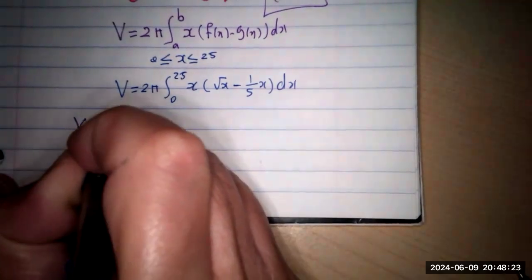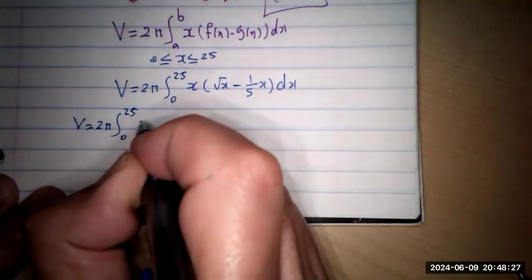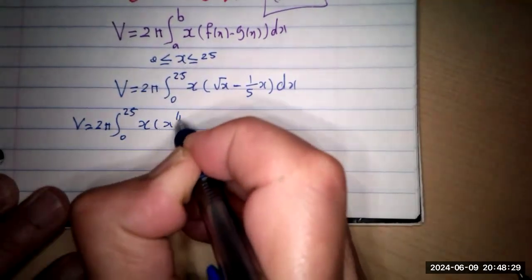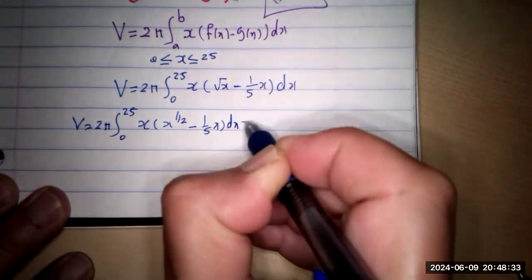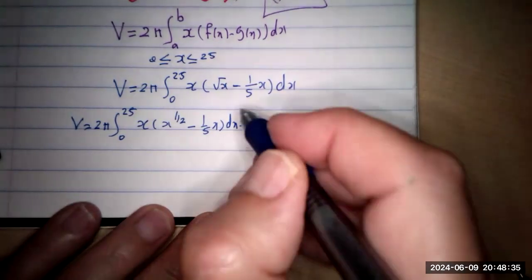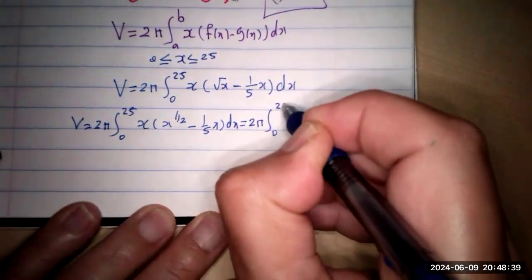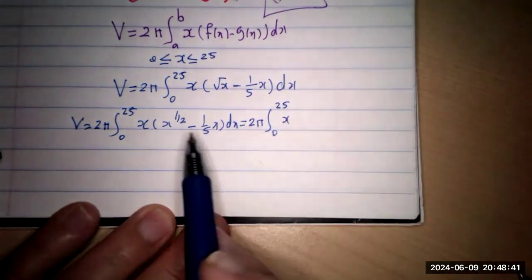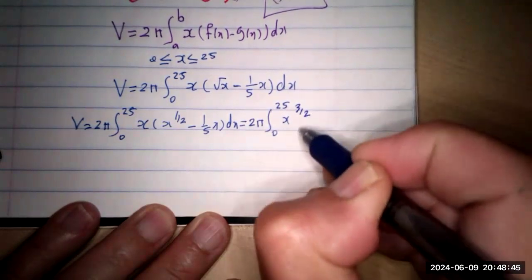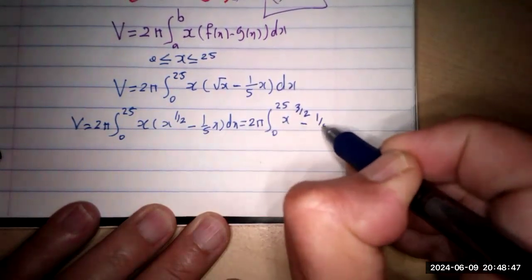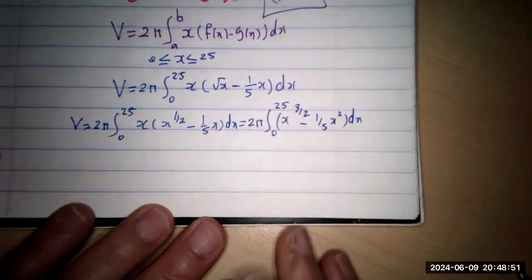So it's going to be 2 pi. Remember, you have to arrive at the same answer. So it's x times x to the half minus a fifth of x, dx, equal to 2 pi integral from 0 to 25. If you distribute it, x times x to the 1/2 gives x to the 3/2, minus 1/5 x squared, dx.